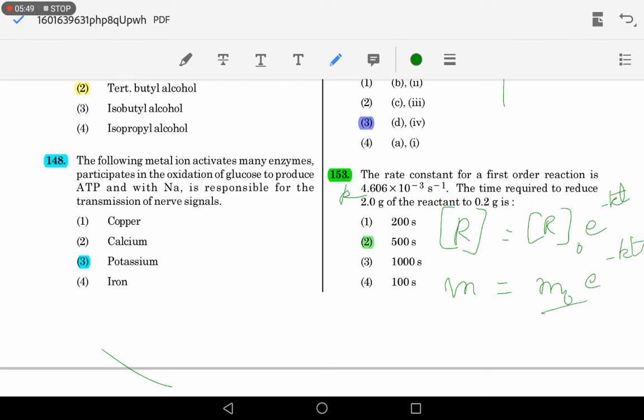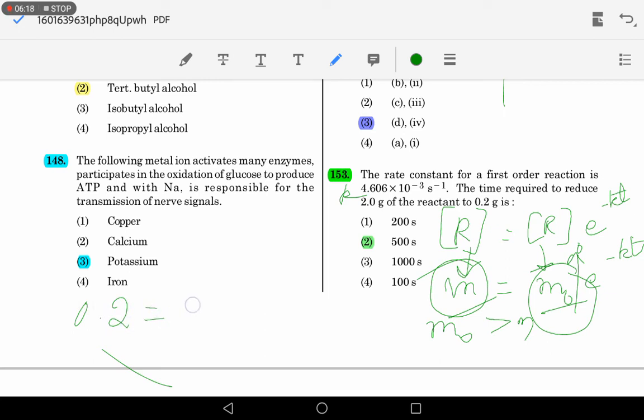The initial mass will always be greater. After a particular time the reactant gets converted into product. As a result, the concentration of reactant decreases. So m naught will be greater than m. So you can consider both of these to be analogous. So the final concentration of the reactant is going to be 0.2 gram.